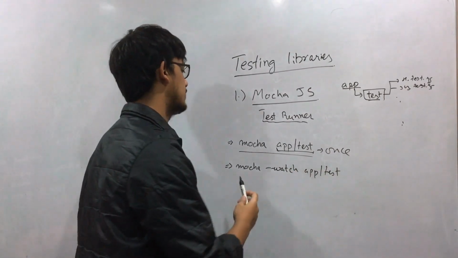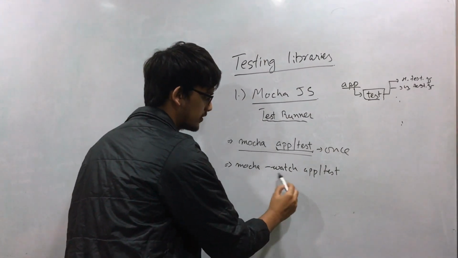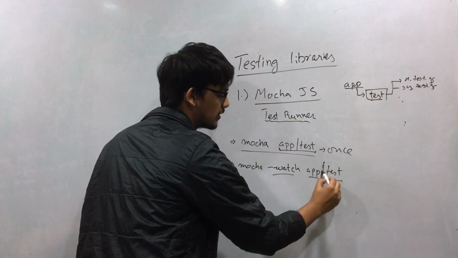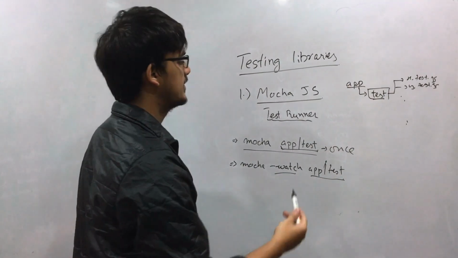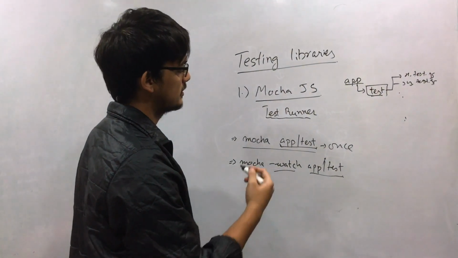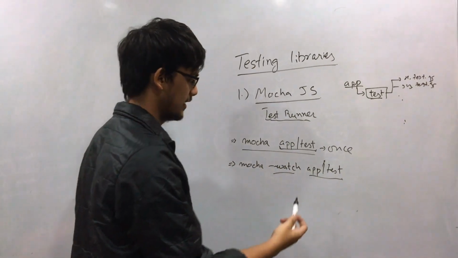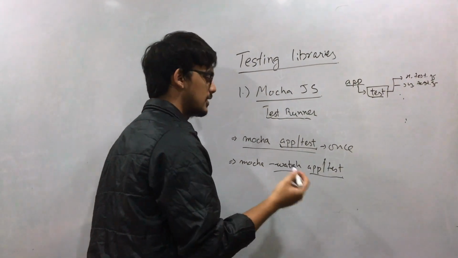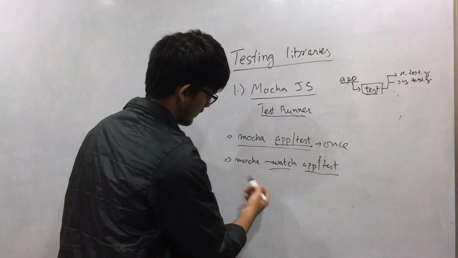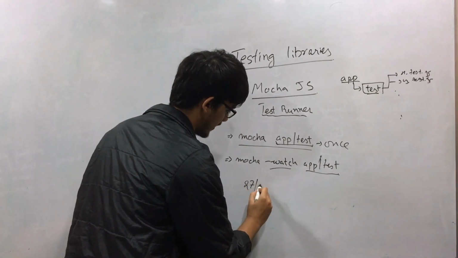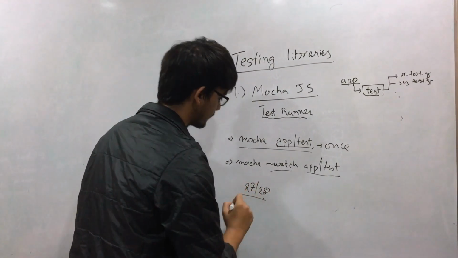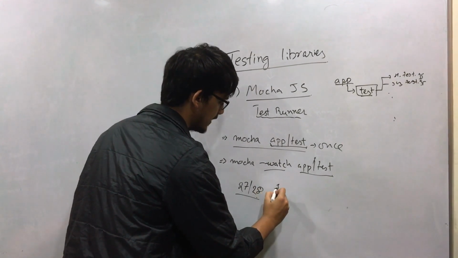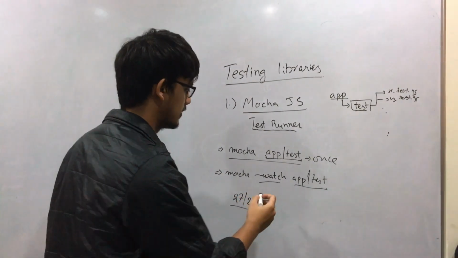Now this functionality of Mocha is constantly watching the app/test folder for any changes. The moment any change occurs, the test cases are run again, and I am notified with the test result, which will say, suppose, 27 out of 28 are passing. That means that one test case failed while I was coding the current module.